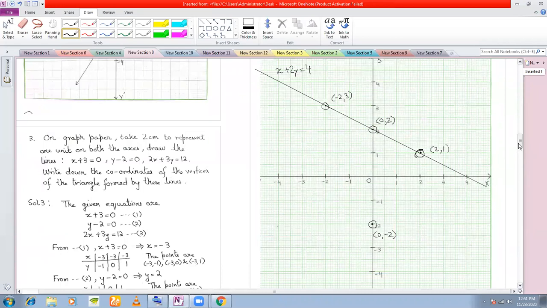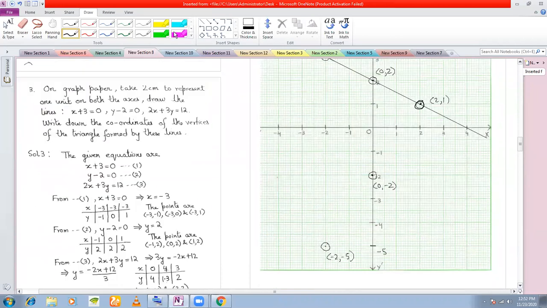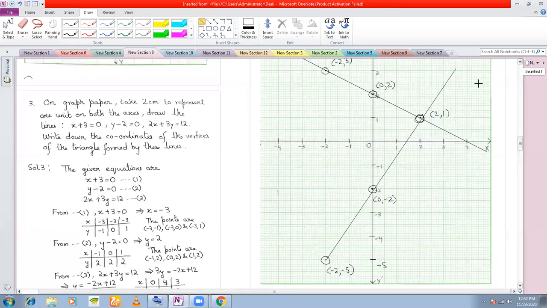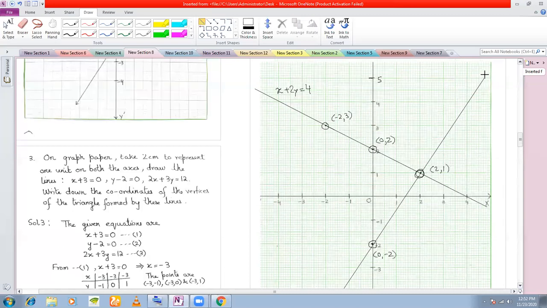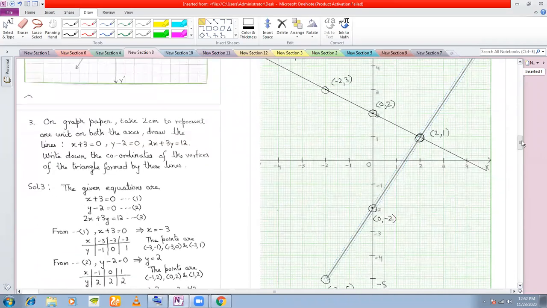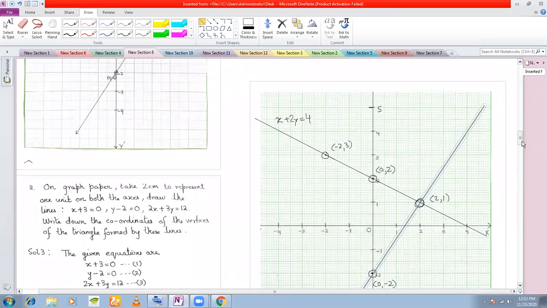Now we join the 3 points to form a straight line. You extend this straight line as much as possible till the end. Okay, this is the straight line that you are getting, and you label this straight line also.